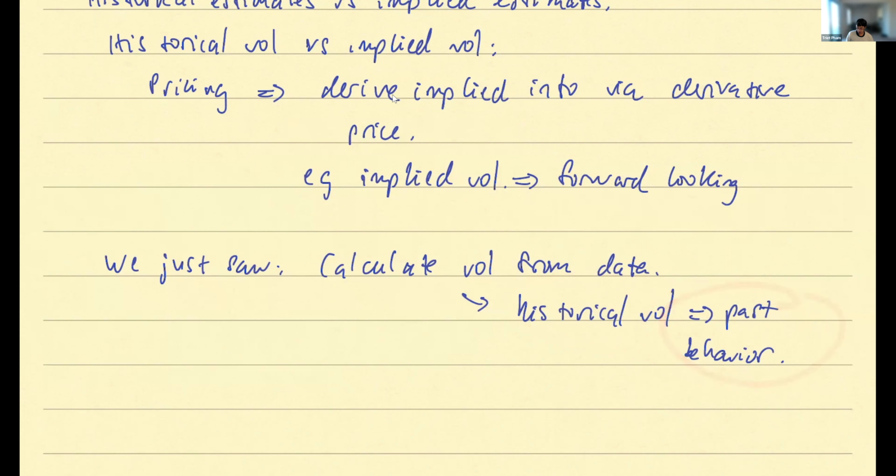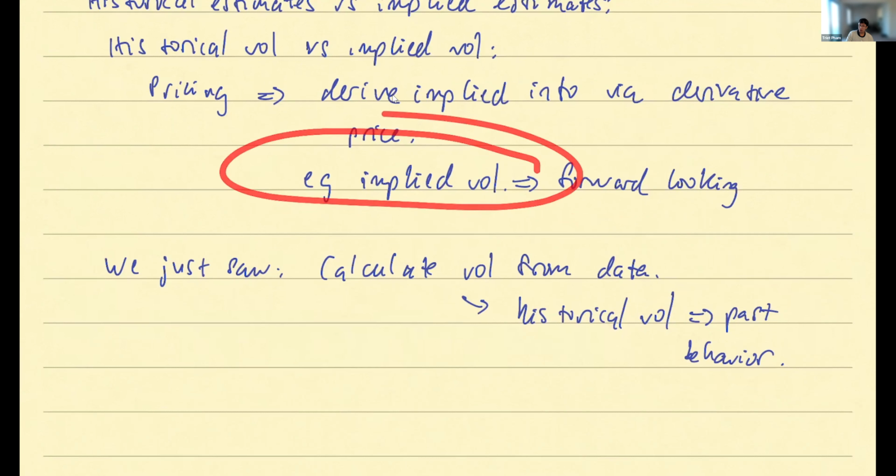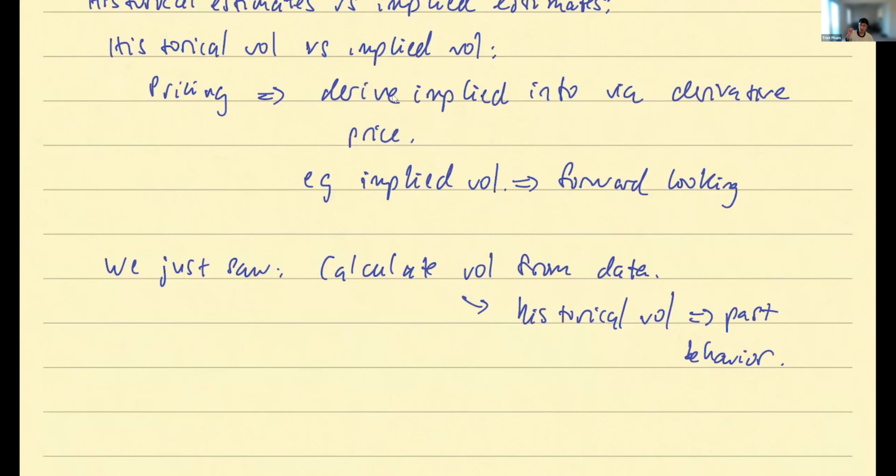So it's still a useful piece of information. But if you want to capture market sentiment, what they're thinking about the company, implied volatility is the most updated information, and it is even forward-looking.